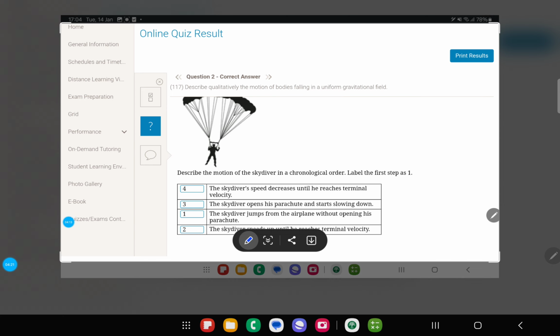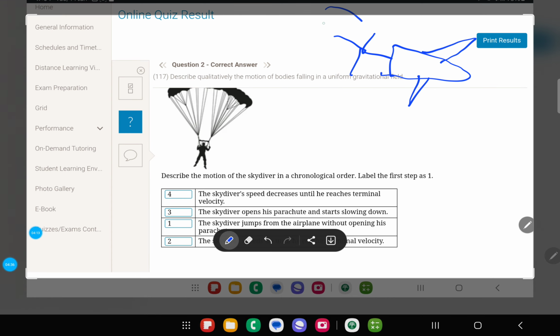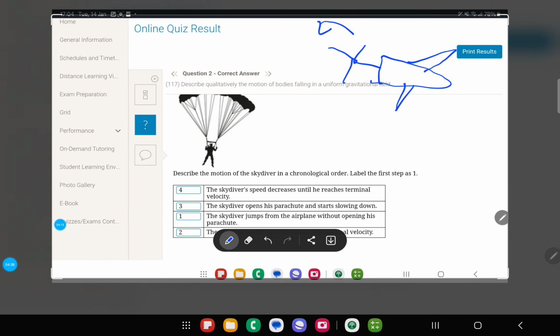Of course, how do people skydive? There's a plane that takes them all the way up in the air until they reach a specific height, and then the skydiver opens the door and jumps out, like this.